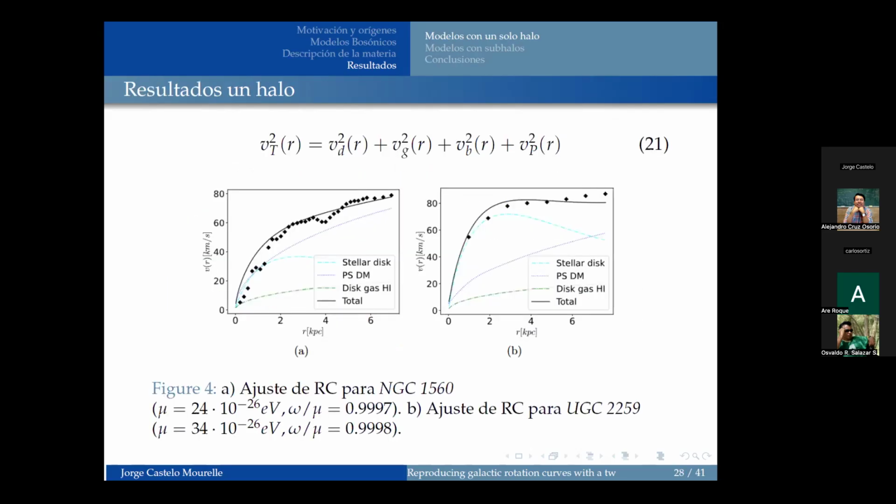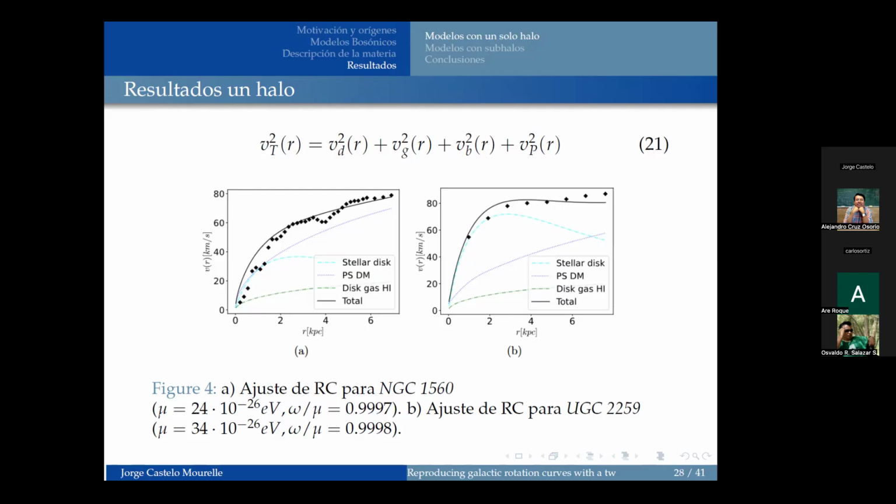As you see, for our models, having the luminous part and the halo described by a big Proca halo, the results are quite good, because we have to understand that we are only using two parameters for the halo, and one of them is going to be nearly fixed. Depending on the field frequency, you see here that the frequency is in the regime of Newtonian things.